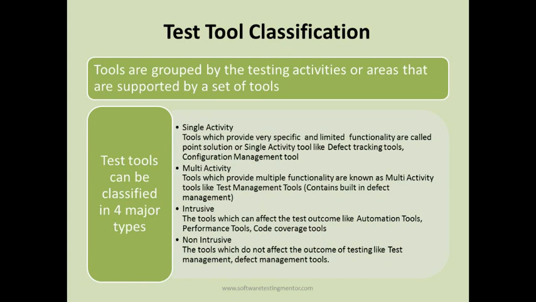For example, defect management or defect tracking tools like Bugzilla or Mantis. Bugzilla and Mantis are totally for doing defect tracking, for when you raise a defect. They don't support any other functionality. It's just for defect tracking. So Bugzilla and Mantis are single activity tools.